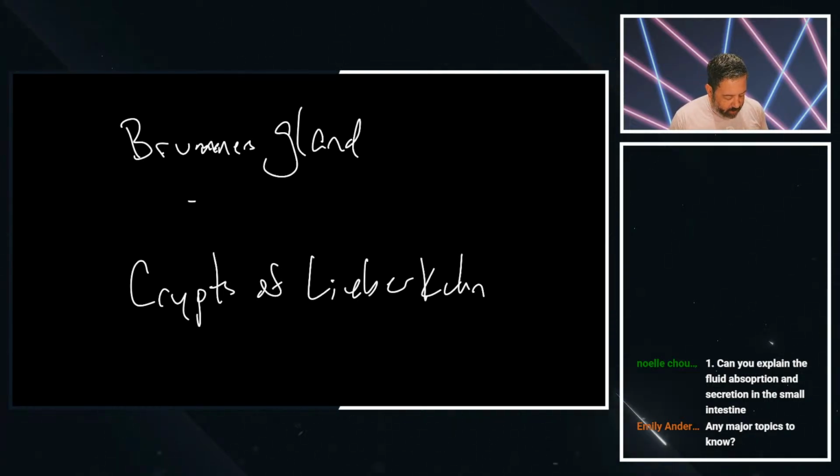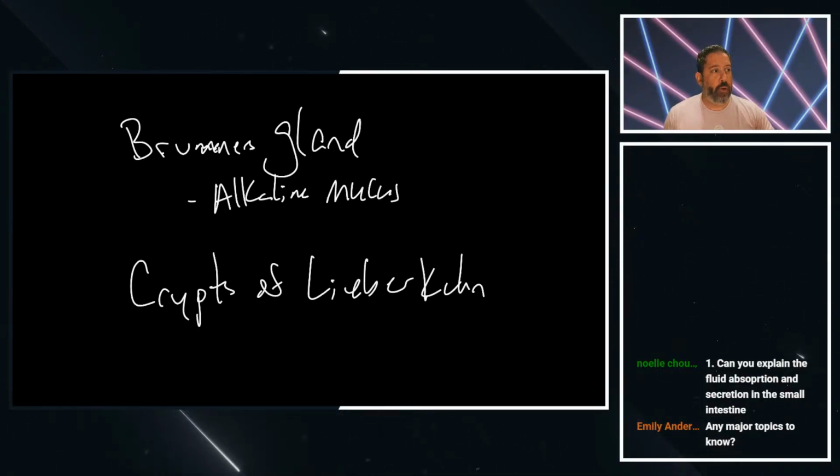Brunner's glands: alkaline mucus. Remember, the first few centimeters of the duodenum is going to receive very acidic chyme coming from the stomach. So these Brunner's glands have this alkaline mucus to dilute and neutralize the acidity coming in from the stomach.